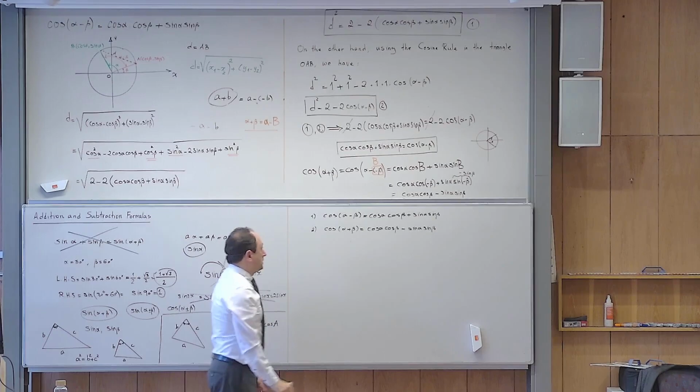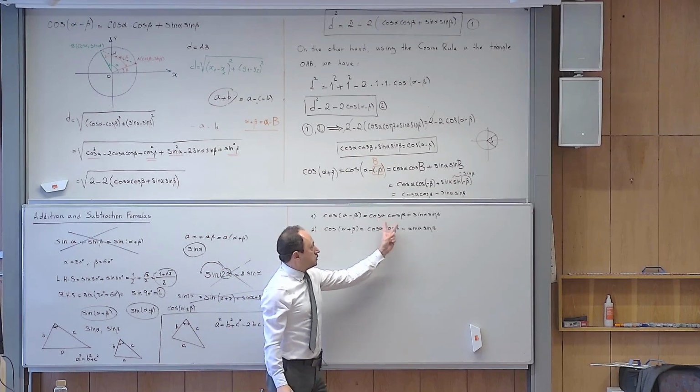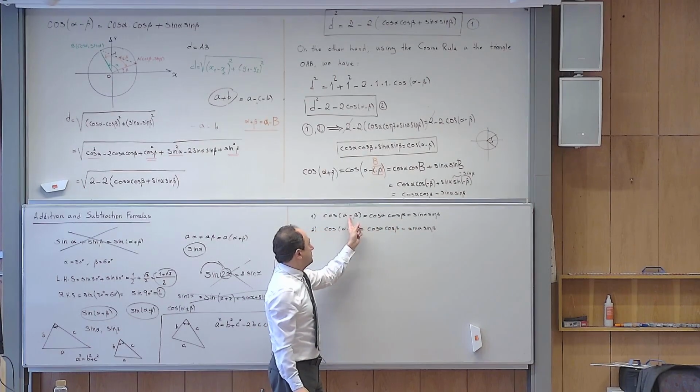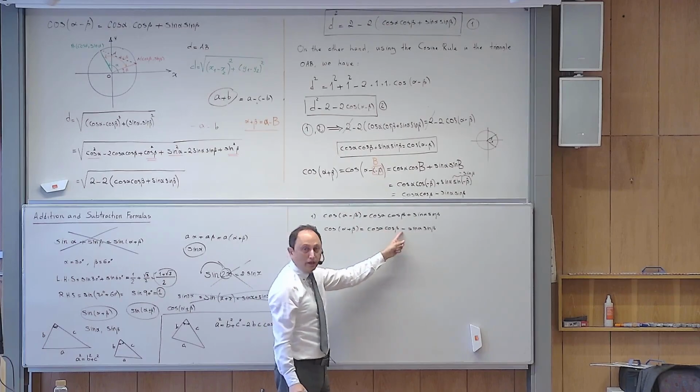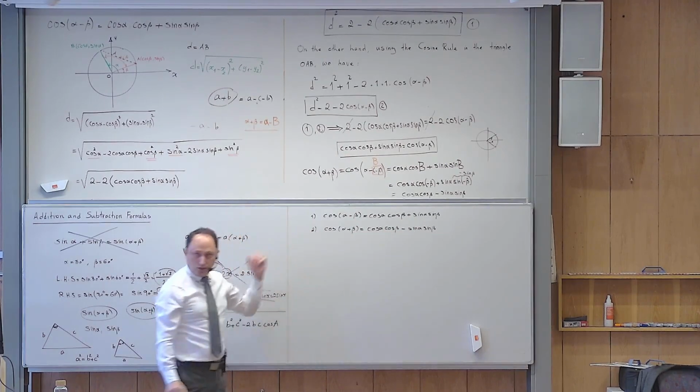So if you have cosine, you have cosine cosine, sine sine, and the sign between them is exactly opposite. If it is minus, it is plus. If it is plus, it's minus. You don't need to remember these details because the formulas are there. So these are the two formulas.